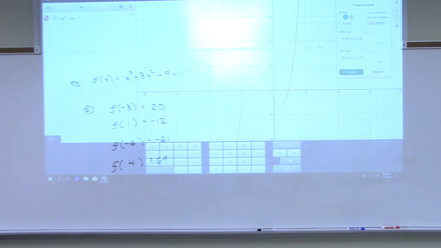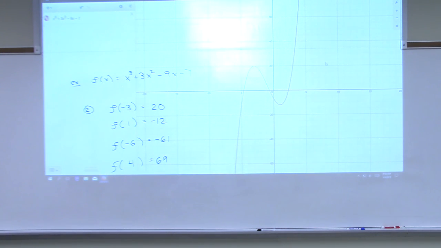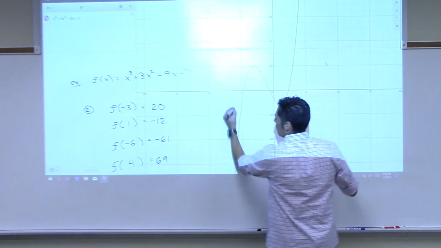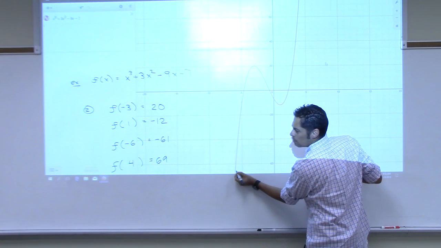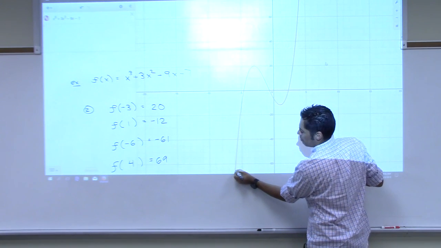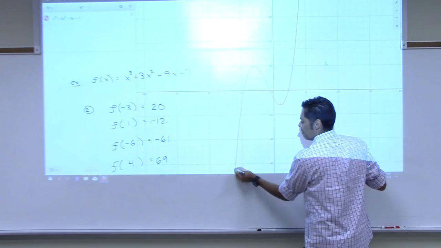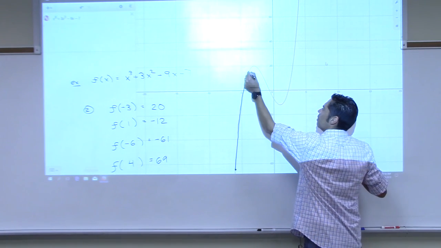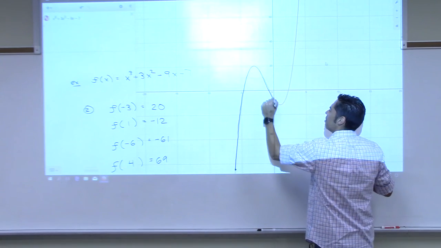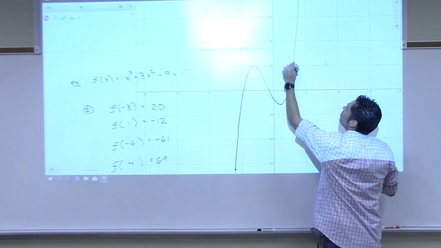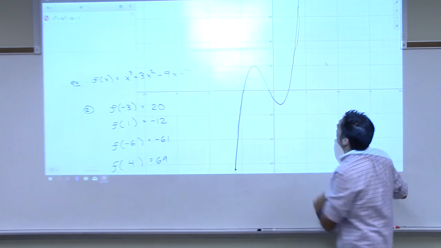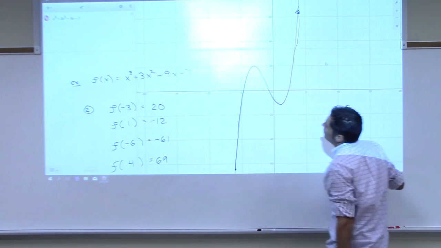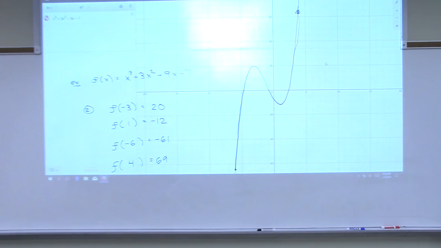There we go, that's better. Okay, I think that's a better look at it there. So at negative 6, you said we were down here at negative 69, somewhere in here, right? And then we follow this graph, right? And we stop at 4, and 4 puts us right up there. Right up there. Yes? Okay.